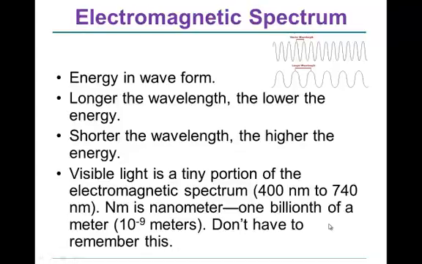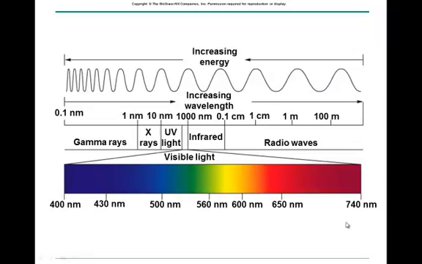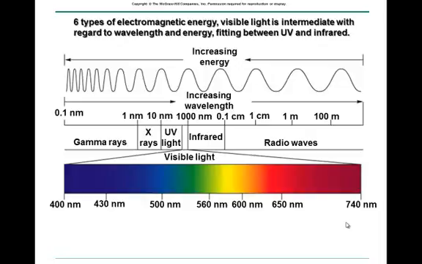But I do want you to remember some other things about the electromagnetic spectrum. Here is the electromagnetic spectrum, and there are 6 types of electromagnetic energy. And you can see radio waves over here with the longest wavelength and the lowest energy, and over here gamma rays with the shortest wavelength and the highest energy.